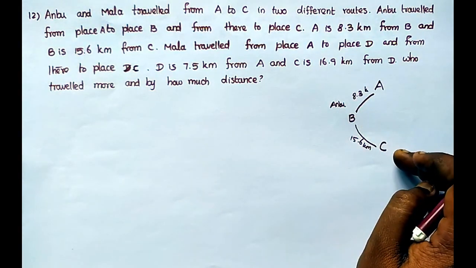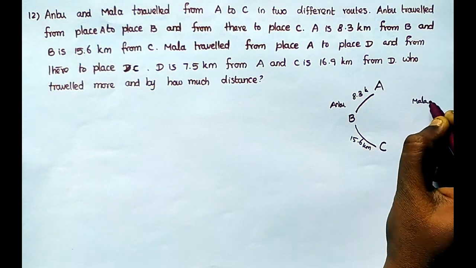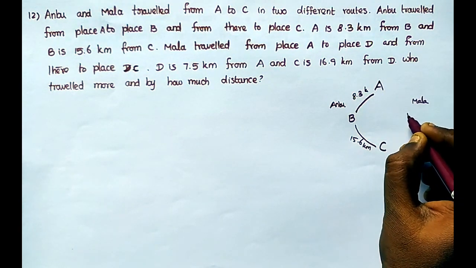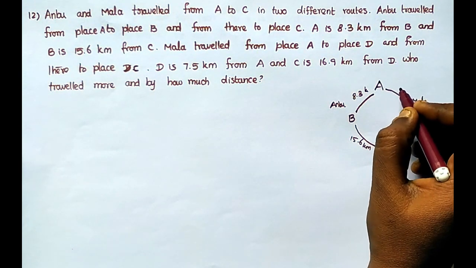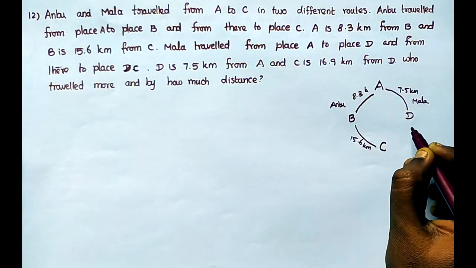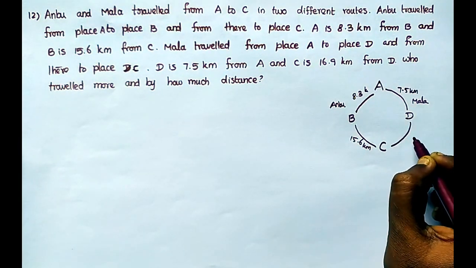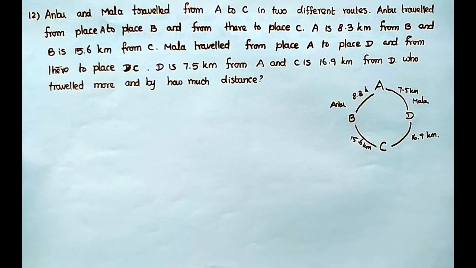He reached C this way, and Mala chose this route by D. A to D how much? 7.5 km and D to C 16.9 km. So what is the question? Who travelled more and by how much distance? So listen, first one.